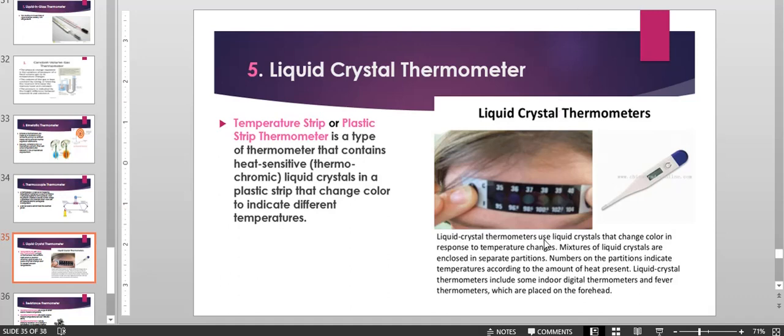Liquid crystal thermometers use liquid crystals that change color in response to temperature change. Mixtures of liquid crystal are enclosed in separate partitions, so they are enclosed here at different levels in different portions.